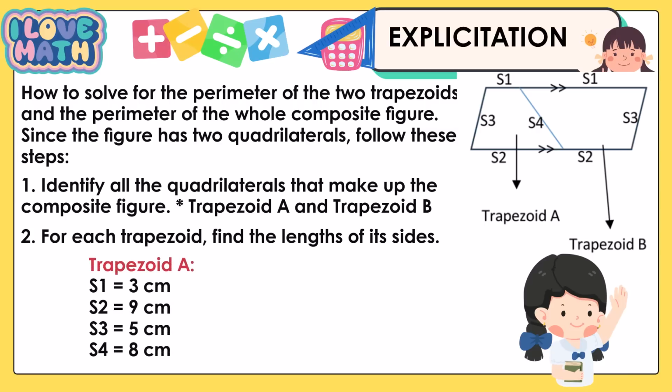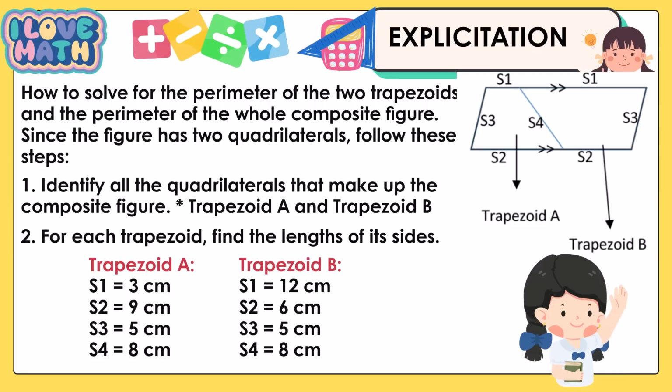Trapezoid A, S1 equals 3 cm, S2, 9 cm, S3, 5 cm, S4, 8 cm. Trapezoid B, S1, 12 cm, S2, 6 cm, S3, 5 cm, and S4, 8 cm.